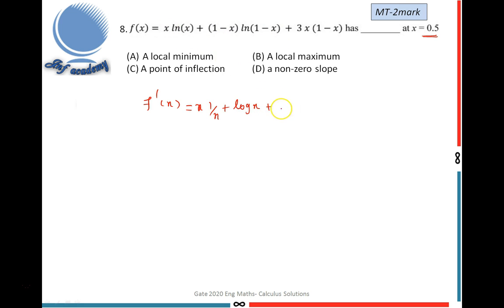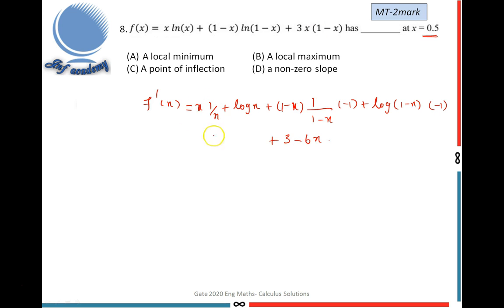Next, differentiation of the term u into log of (1 minus x): it is (1 minus x) into minus 1, since the differentiation of 1 minus x is minus 1. Next, for v, log of (1 minus x), the differentiation of 1 minus x is minus 1. Plus 3 minus 3x², so I got 3 minus 6x.